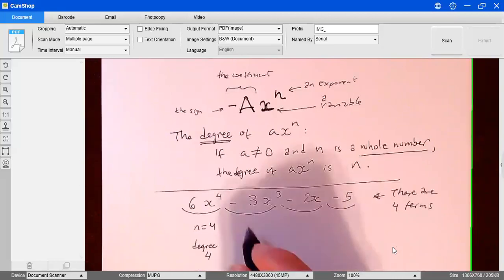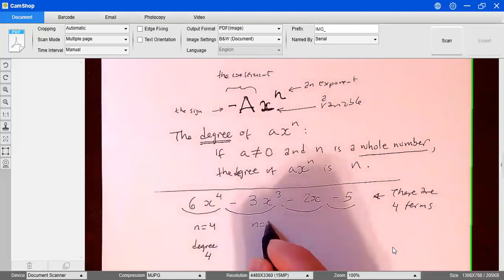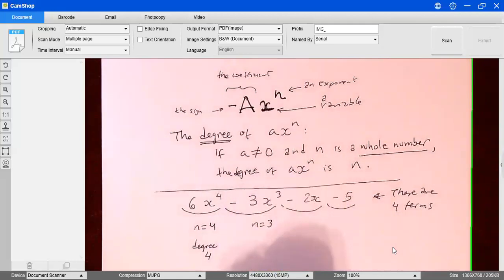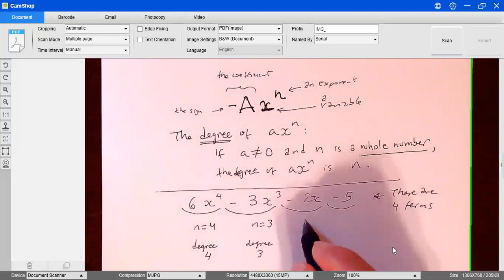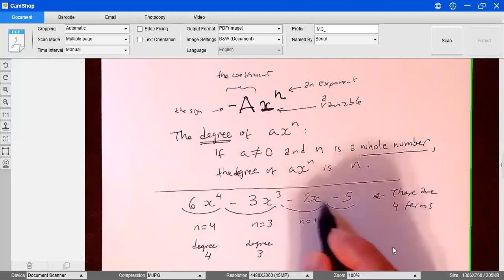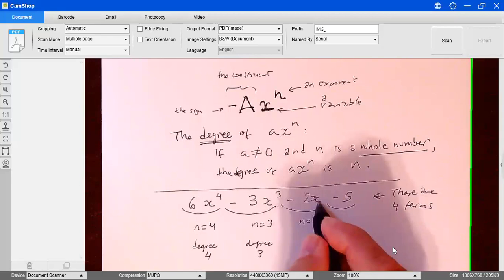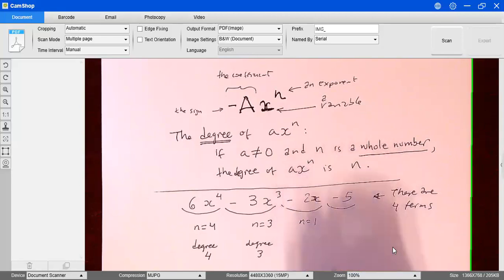Then we have this term with coefficient -3. The exponent is 3. So the degree of this term is 3. Then we have the next term. The coefficient is -2. The exponent is 1. Because remember, anytime that you have the variable in this way, the exponent is 1.